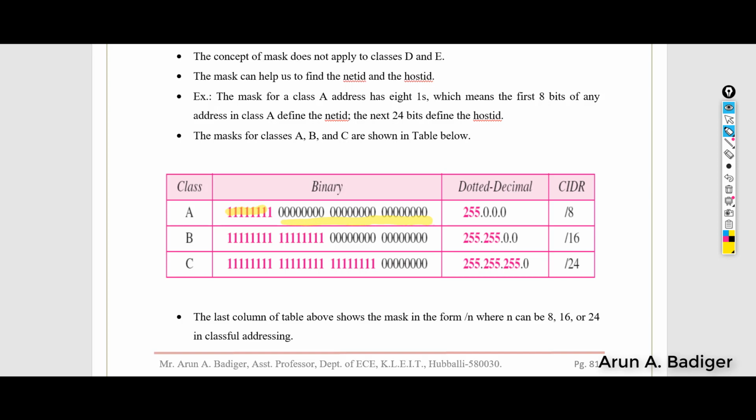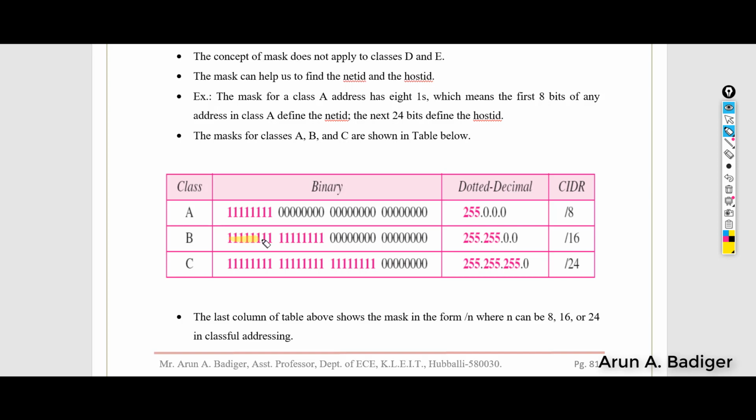That means we can have 2 to the power of 24 hosts and only 127 networks in class A. That is the problem with class A, as we can have only 127 networks, so it is very difficult to manage the whole world with only 127 networks.